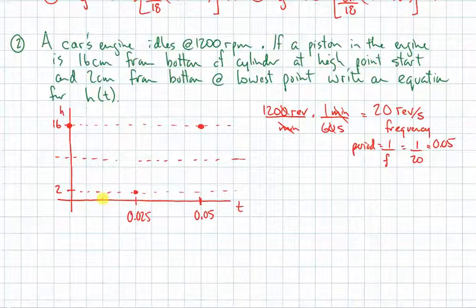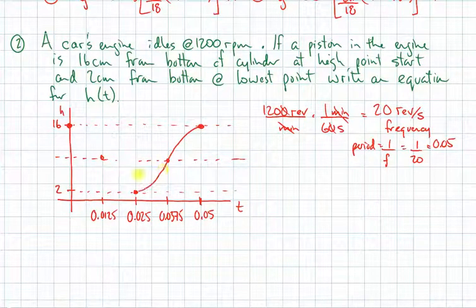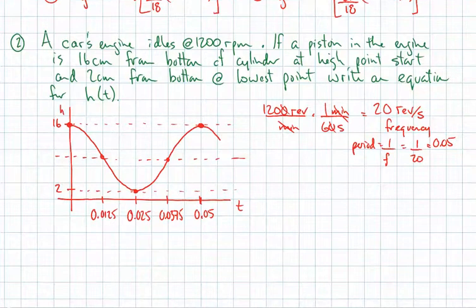Now my mean values are right in between, at 0.0125 and 0.0375. Let's draw a smooth curve through those points. So there's a representation of a little more than one cycle of the travel of the piston.